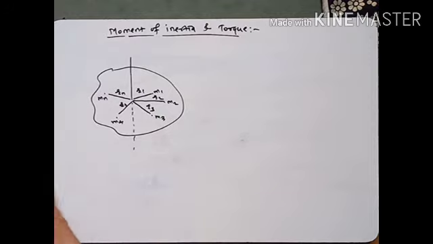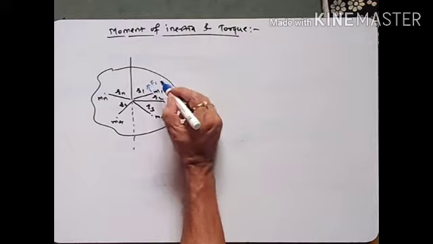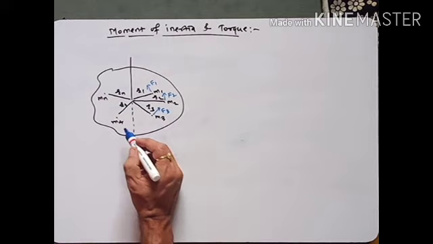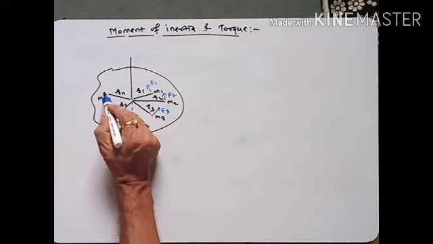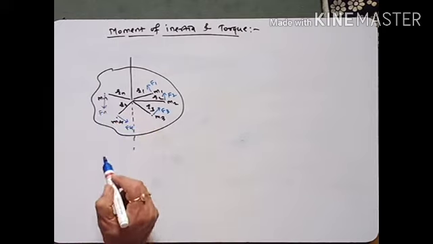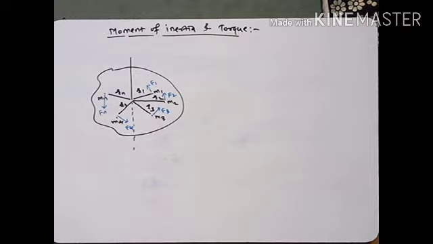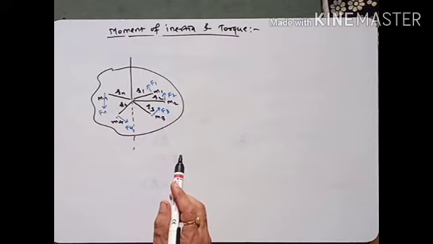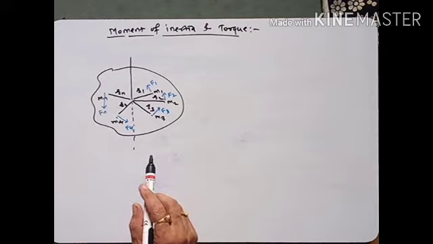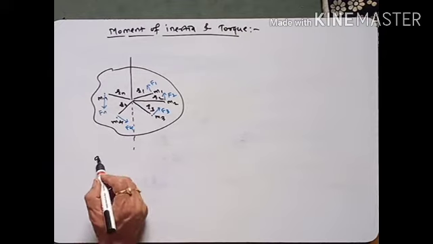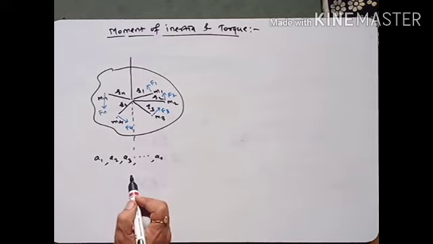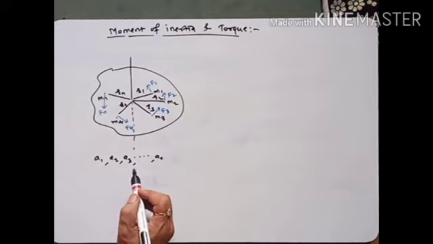Suppose F1 is the force on the first, F2 the force on the second, F3 on the third, F4 on the fourth, Fn the force on the nth particle. Then suppose m1, m2, m3, up to mn be the masses, r1, r2, r3, up to rn the distances, F1, F2, F3, up to Fn the forces, and a1, a2, a3 up to an the accelerations on the n particles.